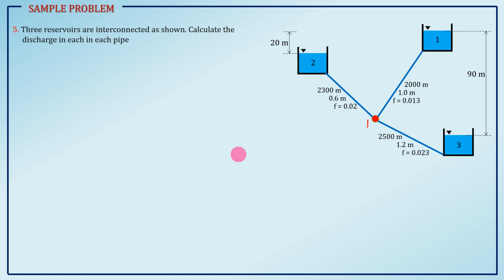Okay? Hindi given yung elevation natin. Then, hinahanap is the discharge in each pipe. So, dito, hindi natin malalaman if your reservoir 1 ba is supplying reservoir 2 or 3 or si reservoir 1 and reservoir 2 nagbibigay kay reservoir 3. No? So, we don't know. No? Kasi hindi naman natin alam yung elevations nila.